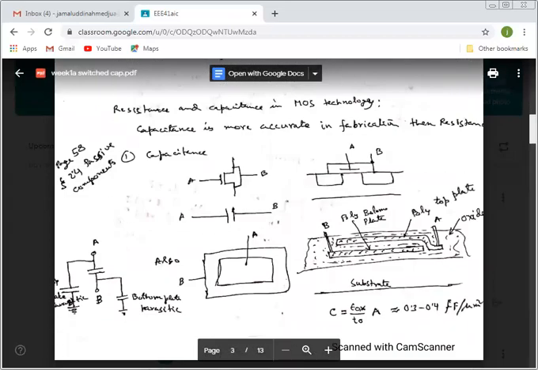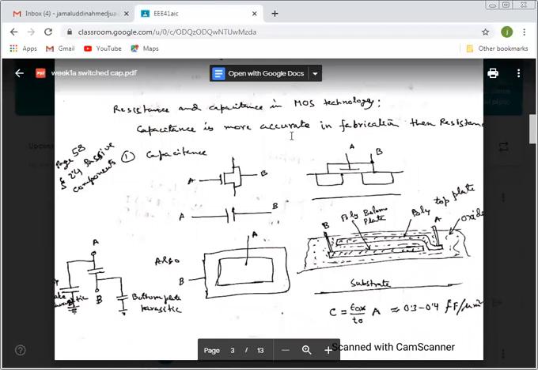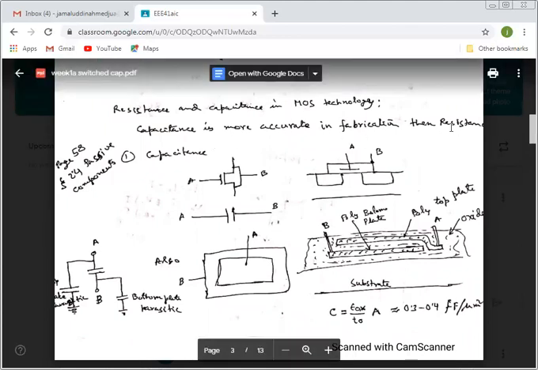So why do we replace the resistance with the capacitance in analog IC design? The manufacturing of capacitance is easier and also more accurate than the manufacturing or fabrication of resistance. So how do we make the capacitance?